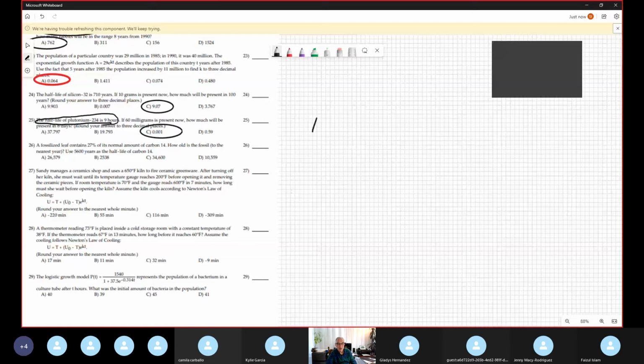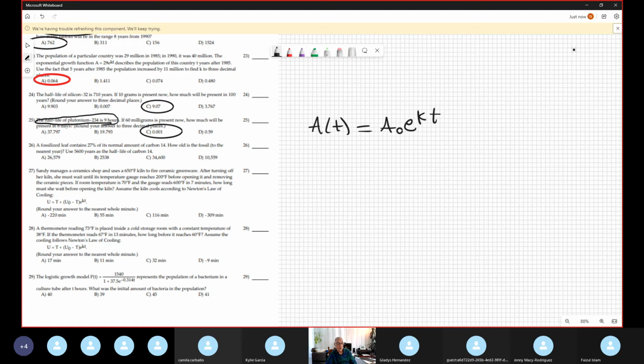And the formula is amount of substance at any time is equal to A null e to the kt. A null is the initial. Let's suppose the initial is 100%, so you express the answer in relative units. When you hear percentage, 27, this is a relative unit, expressed in percentage.